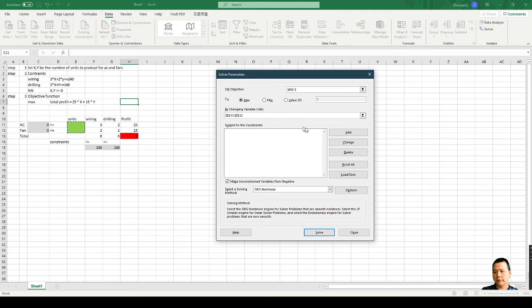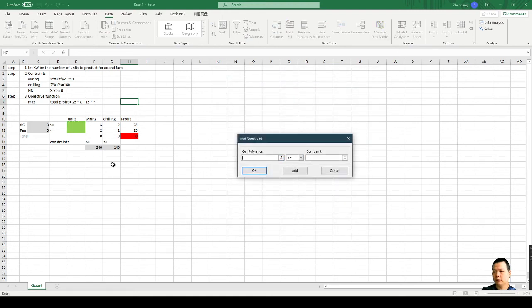And we add the constraints, so we can choose these two cells. These two cells should be less than or equal to these two cells. The cells F13 and G13 should be less than or equal to F15 and G15.